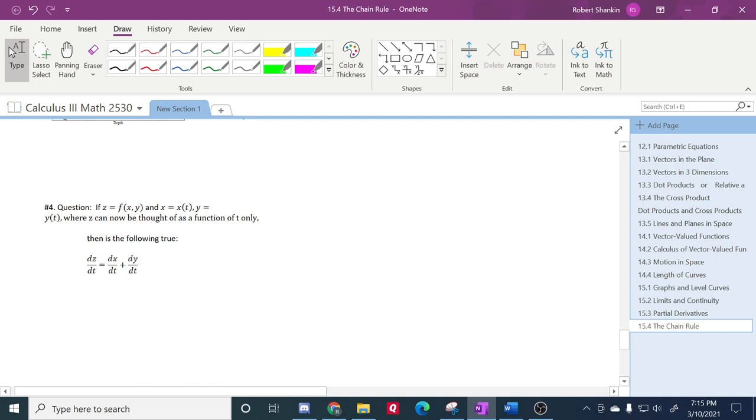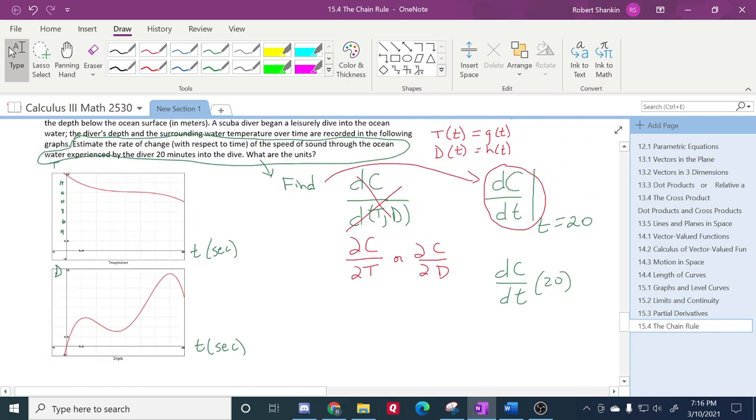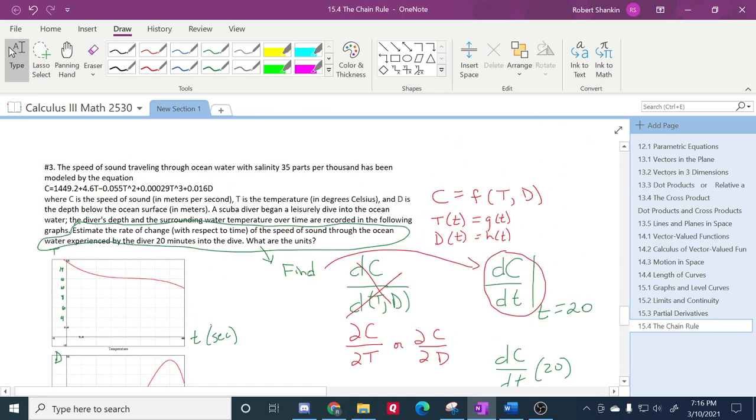If, in an abstract case, z is f of x, y, and x equals x of t, y equals y of t, where z can now be thought of as a function of t only, because you could, just way back over here, if you knew what the g of t is and the h of t is, you could substitute those in for the t and the d up here, and then c would just be a function of little t, and that's why we didn't have to put a partial c with respect to t, because c can be thought of as a function of just the one variable, little t, and so you get to put a d.